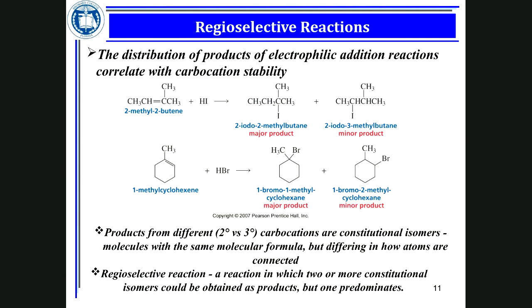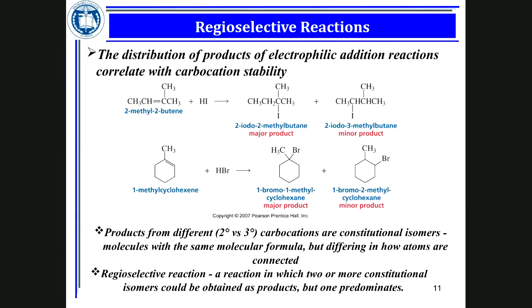The Markovnikov, I keep saying it, and in a few slides I'm going to show you exactly. Markovnikov is the person, a scientist, who presented for the first time the idea of what is going to be the major product and what is going to be the minor product. So basically it is a rule, like the octet rule.